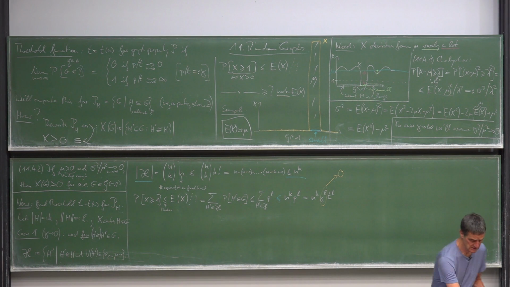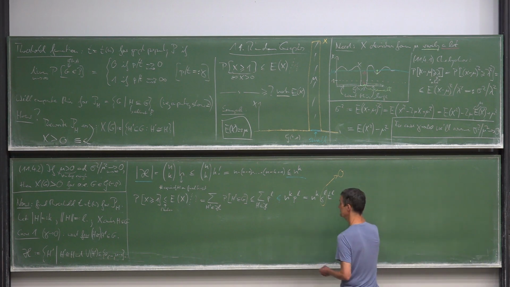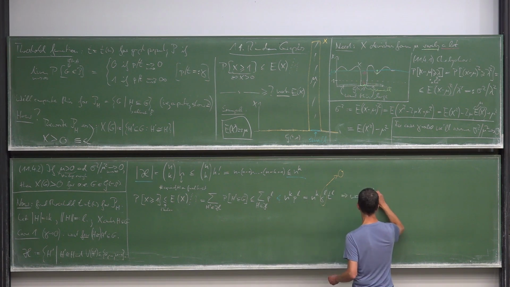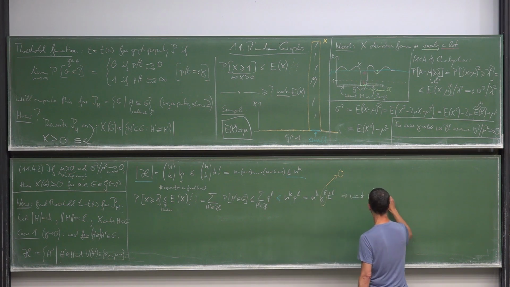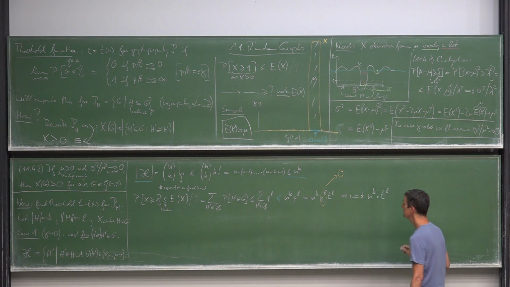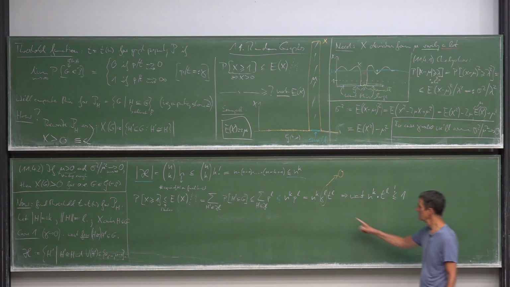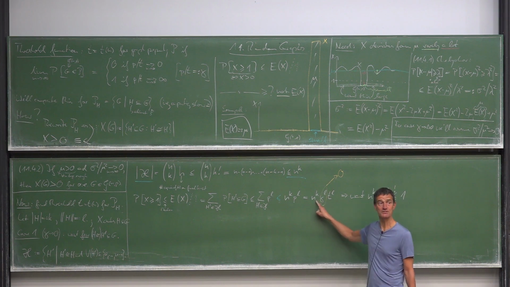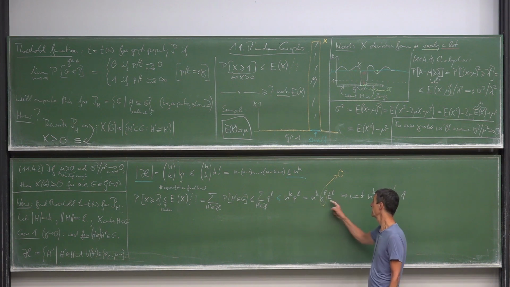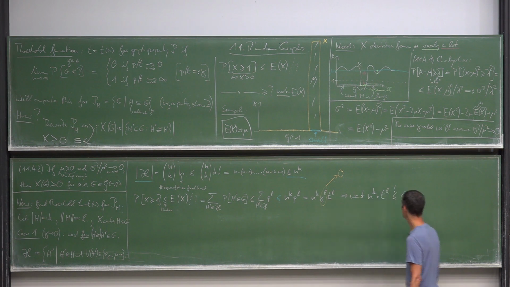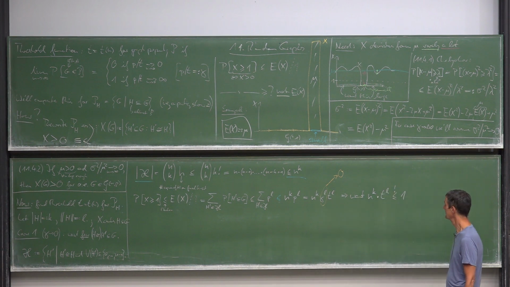So we want N to the k times T to the L to be at most 1. Okay, N to the k just looks pretty big, but then we can make T small.